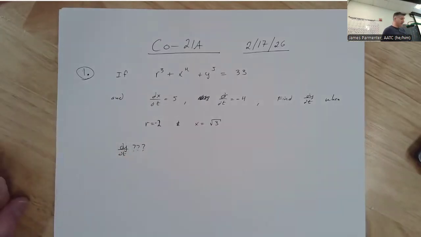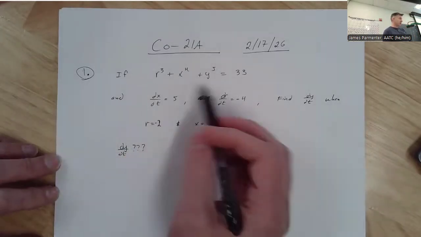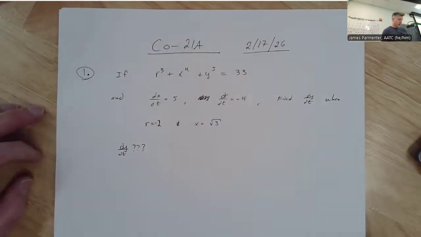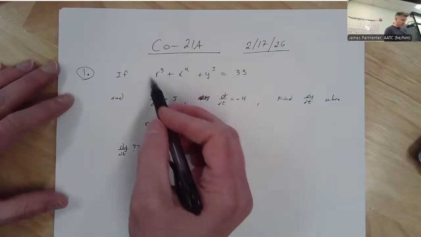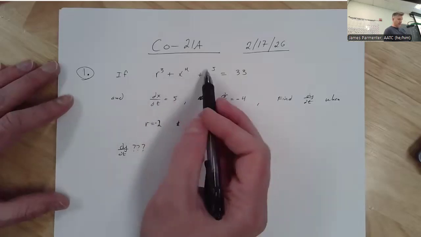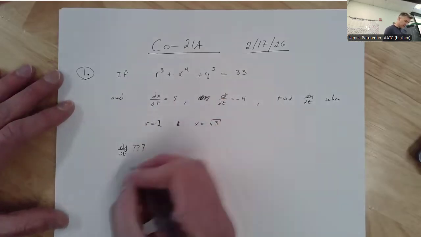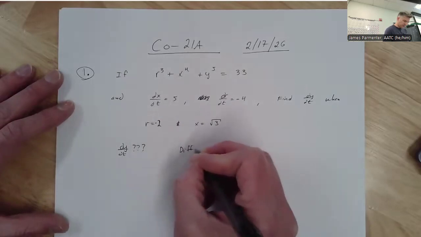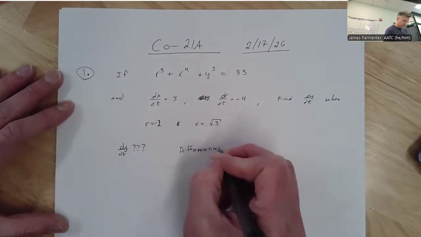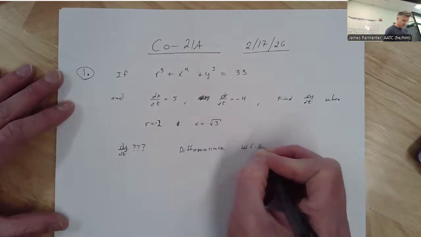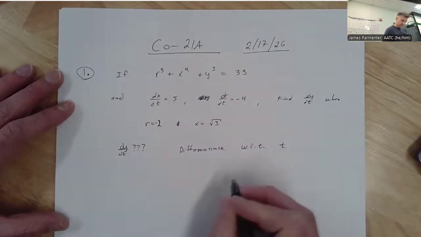Well, to me, that says I need to take the derivative of both sides of this equation, with respect to t specifically. So we're going to differentiate both sides of our equation with respect to t.